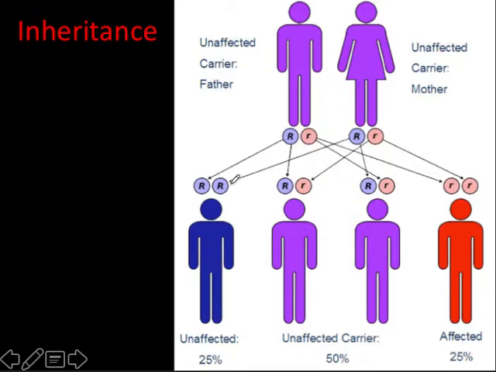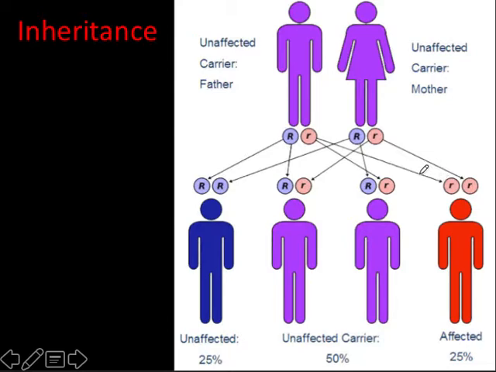There is a 25% chance you would end up with a homozygous dominant child. There's a 50% chance you'll end up with a heterozygous child. And there's a 25% chance you'll end up with a homozygous recessive child.